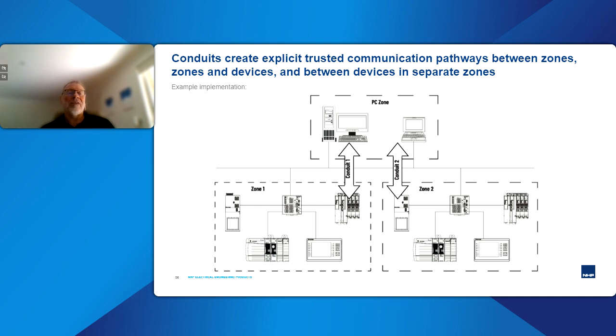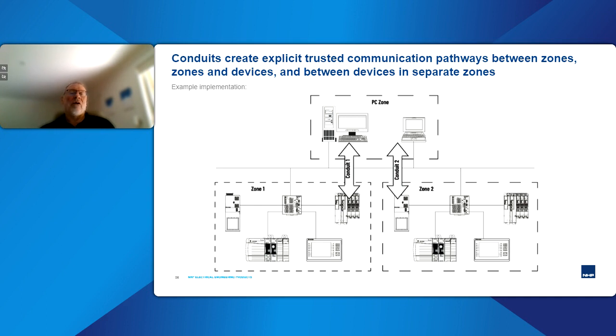Okay, so if I wanted my PC zone, the HMI up here, or the engineering station to be able to talk to this area, you could create a conduit directly from the programming terminal to the controller. That means everything else it can't see. But if you had drives and things you wanted to see, or to download to the PanelView, you'd maybe create a conduit from this programming terminal to there.